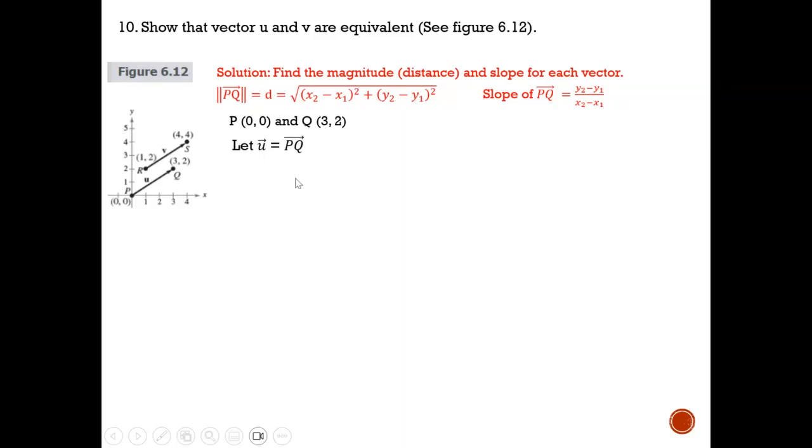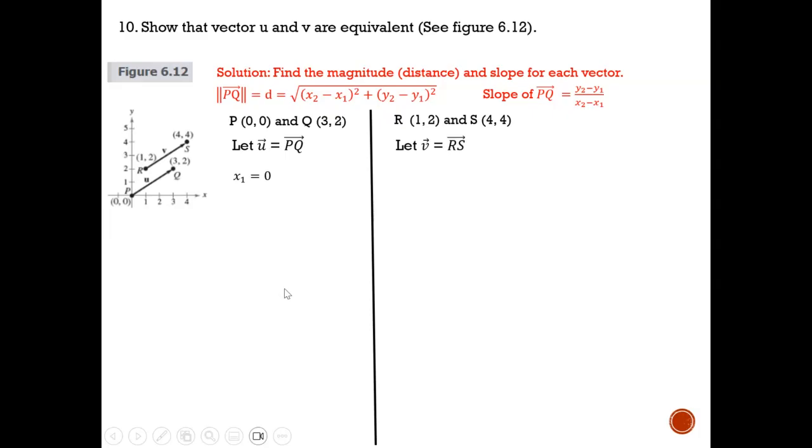Okay. So now, in a similar manner, vector V is going to be RS. Point R is (1, 2) and point S is (4, 4). So now I'm going to find the magnitude or the distance of PQ. My x1 is 0 and my y1 is 0. My x2 is 3 and my y2 is 2.